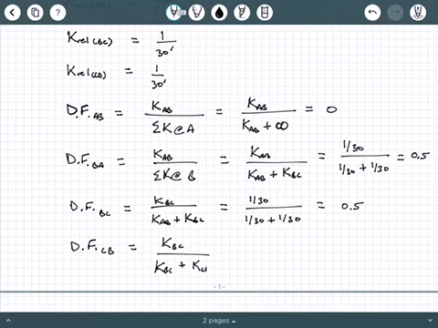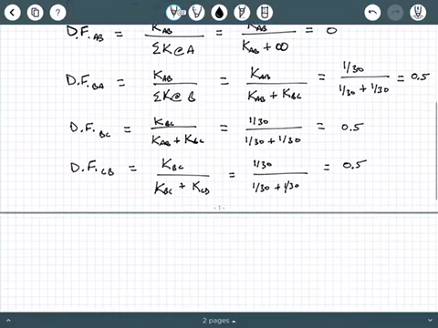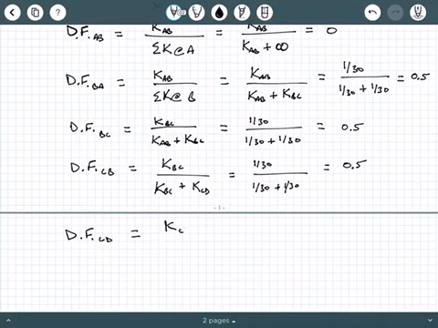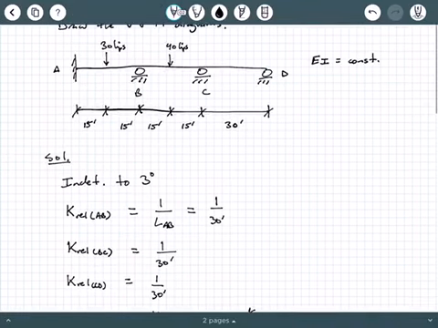So we would say plus KCD. And when you crank this through, you'll get 1 over 30 divided by 1 over 30 plus 1 over 30 equals 0.5. And then we're going to get distribution factor CD equals KCD over what's connected at C.